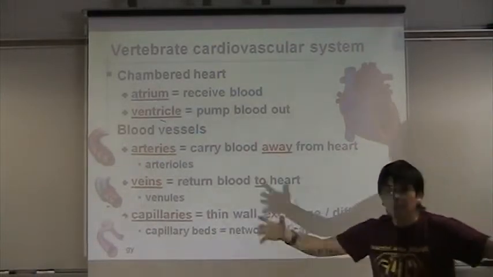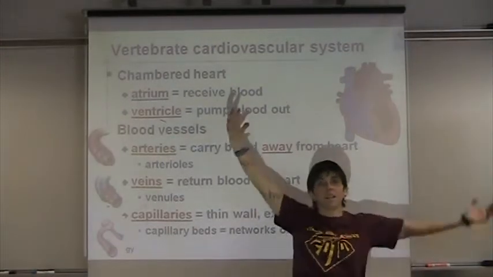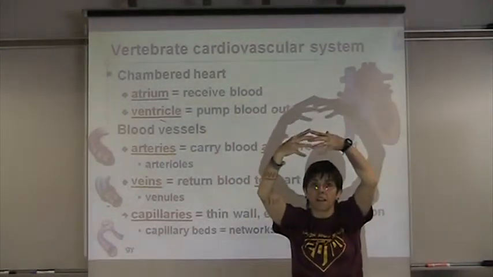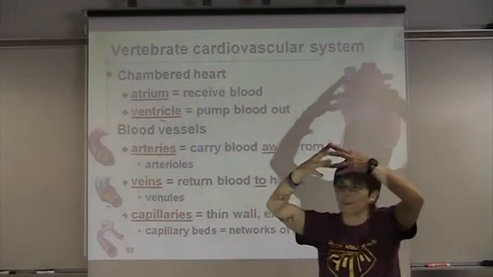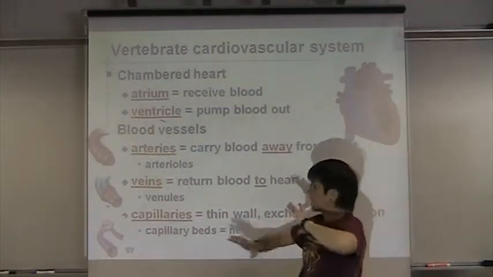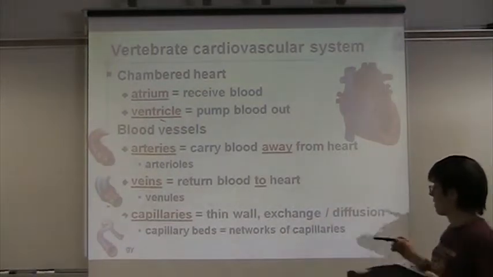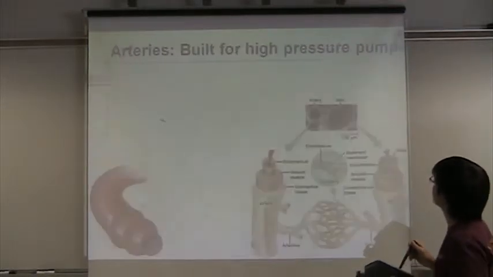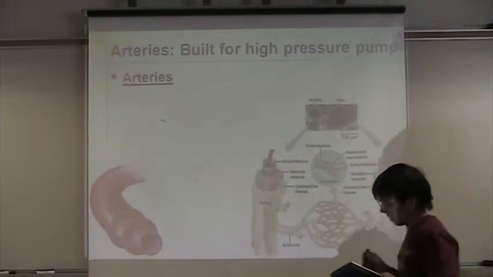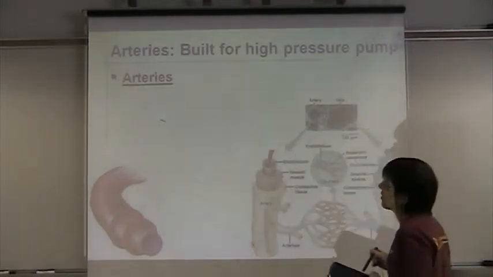And in between, if one is taking blood away, the other one is returning it, at some point they have to get together to transfer the blood from one to the other. And that is accomplished through the capillaries that we'll see in a minute what they are made of. So, basic blood vessels here.